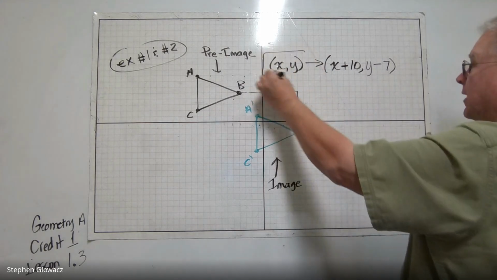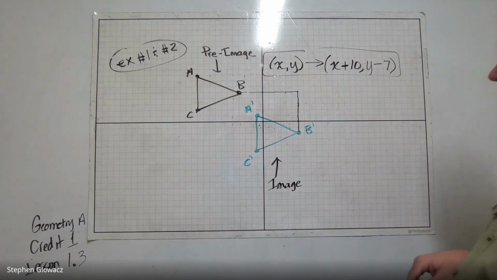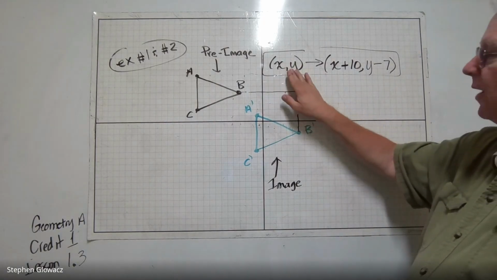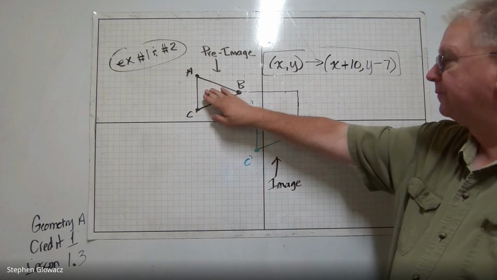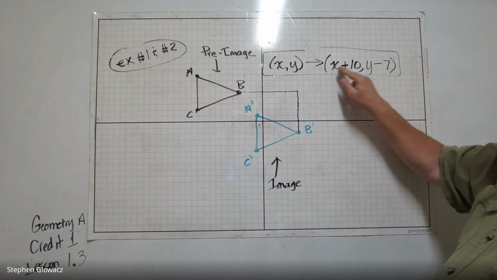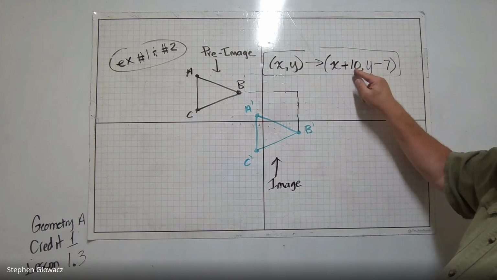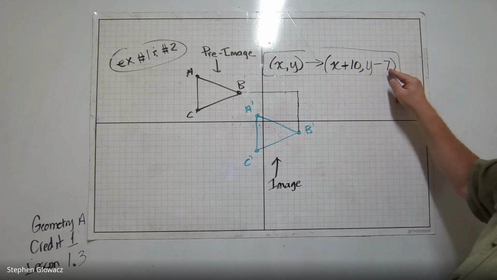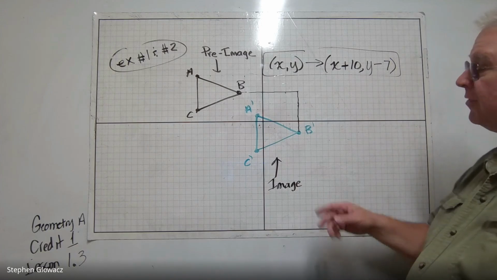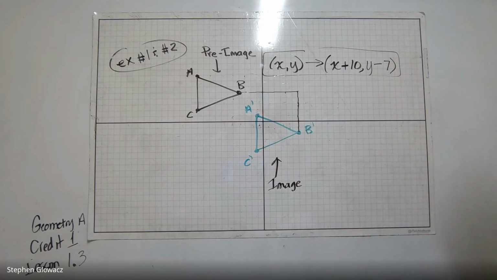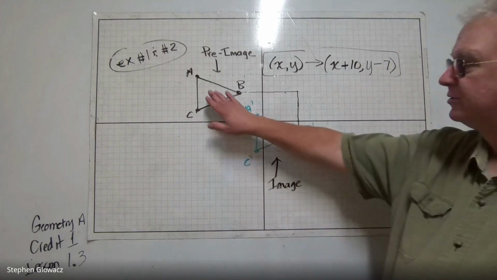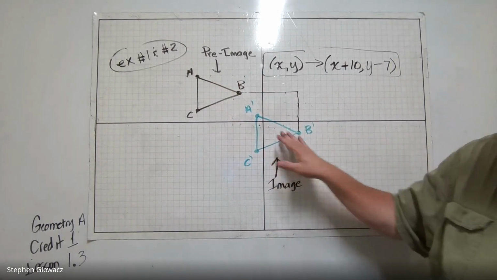So the rule that describes this translation is that any point (x, y) on this figure, we move 10 units to the right, x plus 10, and then 7 units down. That's how we determine the rule for a translation, always going from the pre-image to the image.